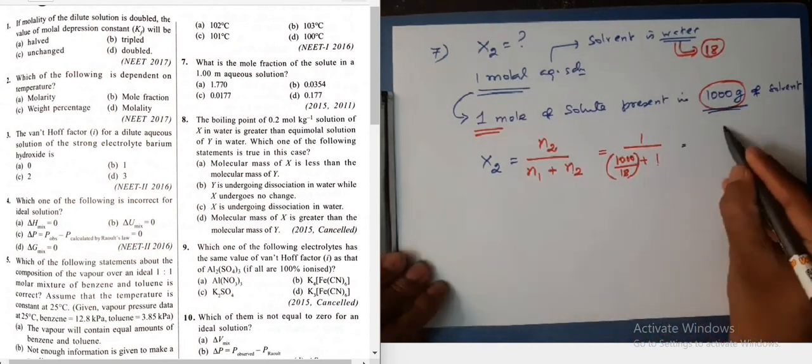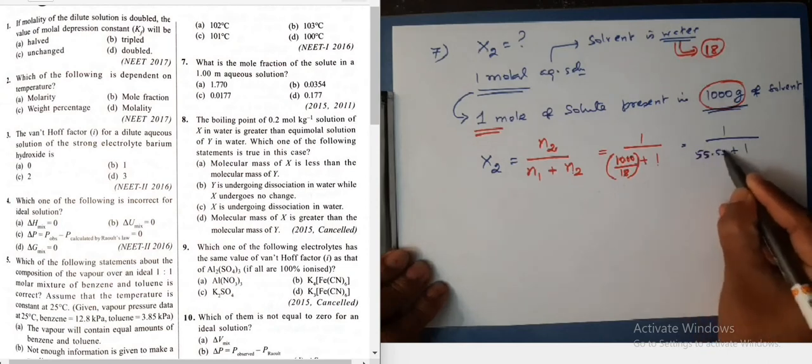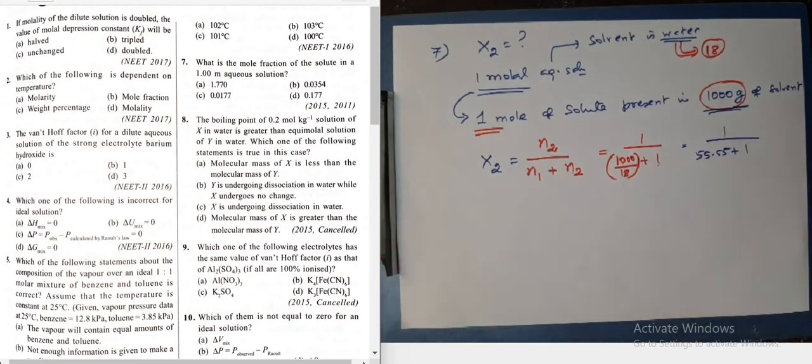And remember, 1000 by 18 is 55.55. Students, remember this value. You need not calculate. For water, 1000 gram of water is equal to 55.55 moles of water.